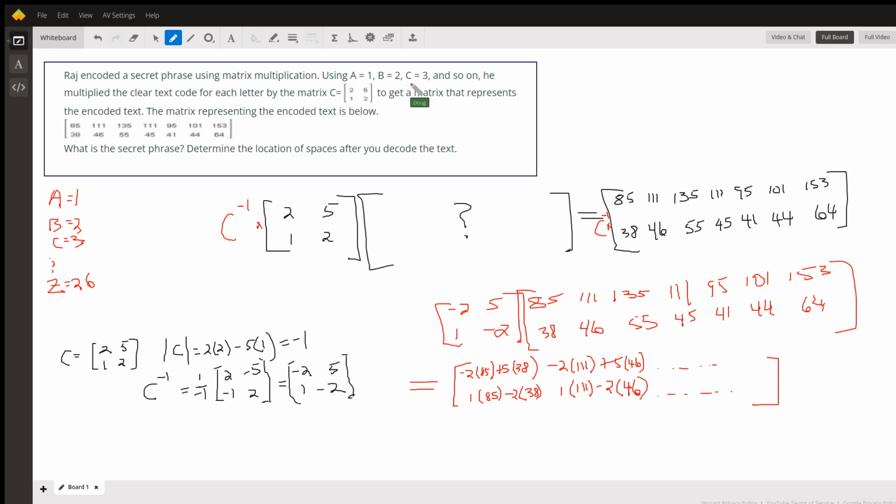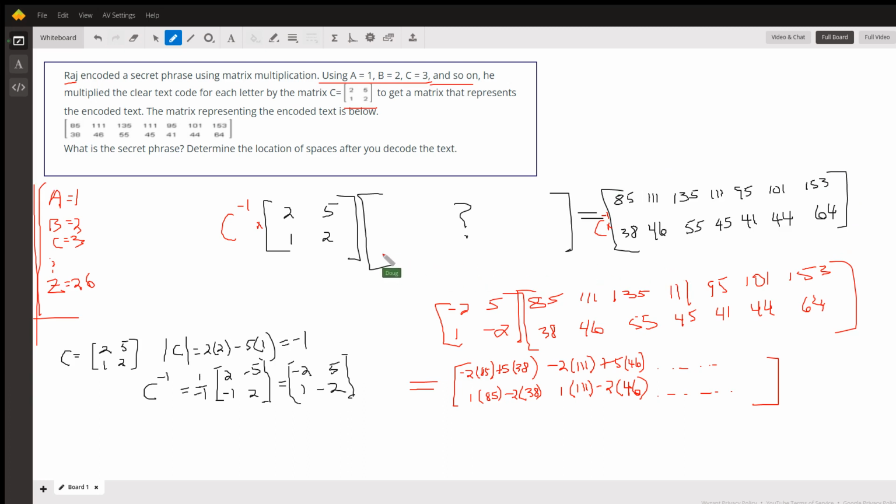Using A equals 1, B equals 2, C equals 3, and so on just means that the letters A through Z in the alphabet are represented by the numbers 1 through 26. Okay, and what happened here is that Raj took the matrix C and multiplied it times some matrix represented by these letters, some kind of phrase, and got this encoded matrix right here.